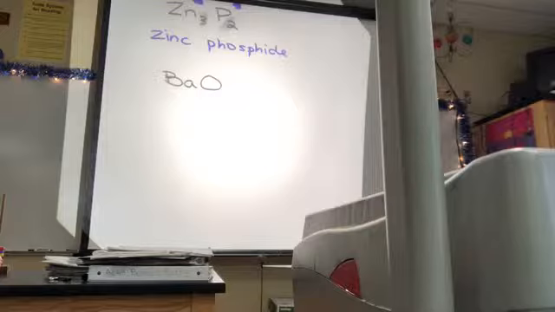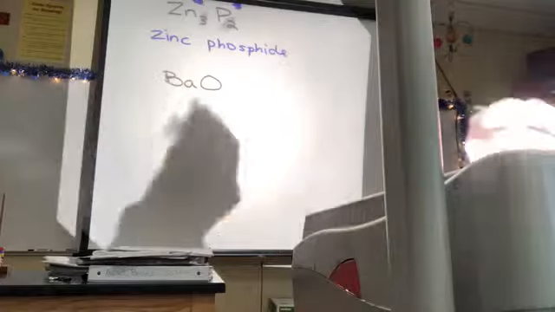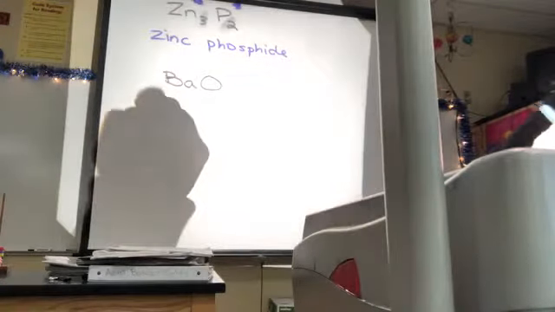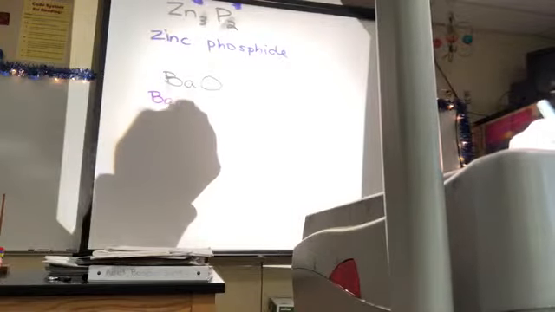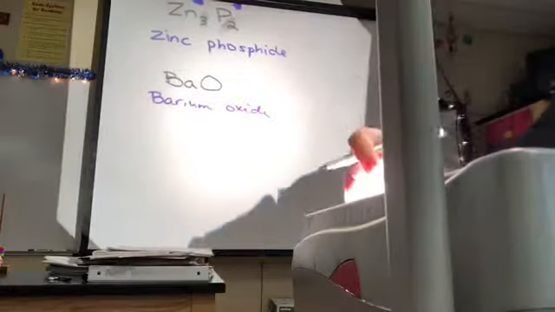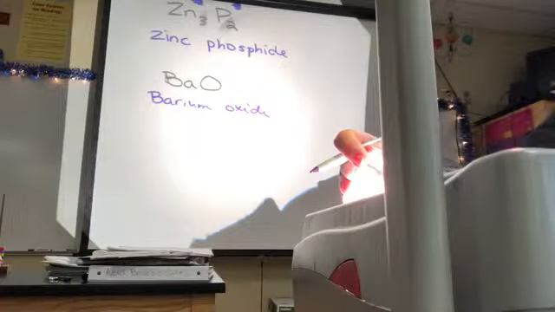Nope. Is it binary? Yep. Is the first element a metal? Yes. So does the metal have more than one charge? Nope. So you just name it as you see it. What's Ba? Barium, and O is? So it's barium oxide. Pretty straightforward.